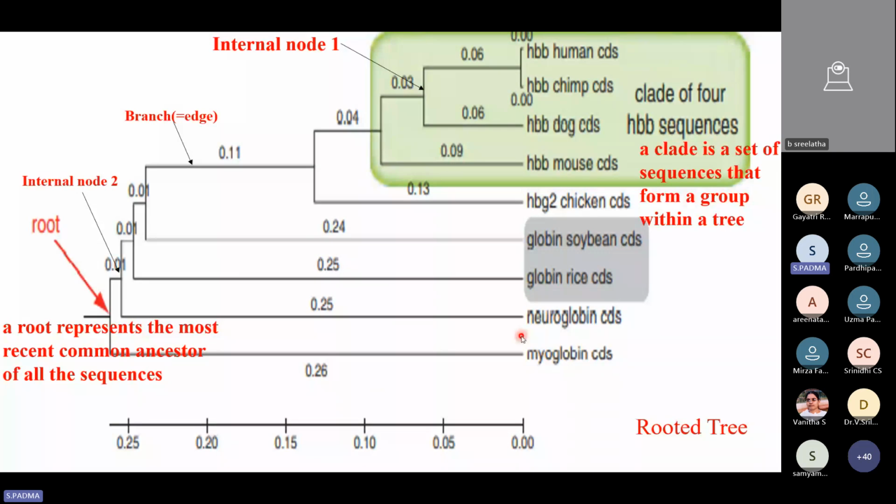Previously, we have seen a distribution of the species which are analyzed. Now here, a single gene we are taking, that is a globin gene which is distributed evolutionarily in all the life forms, with respect to tissues, plants, birds, and mammals.